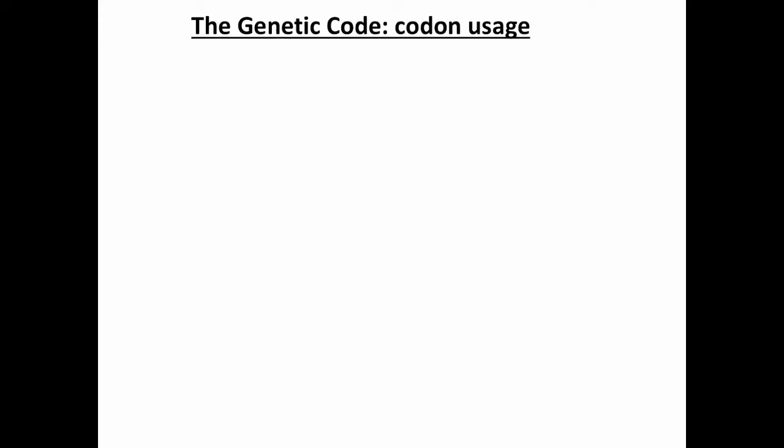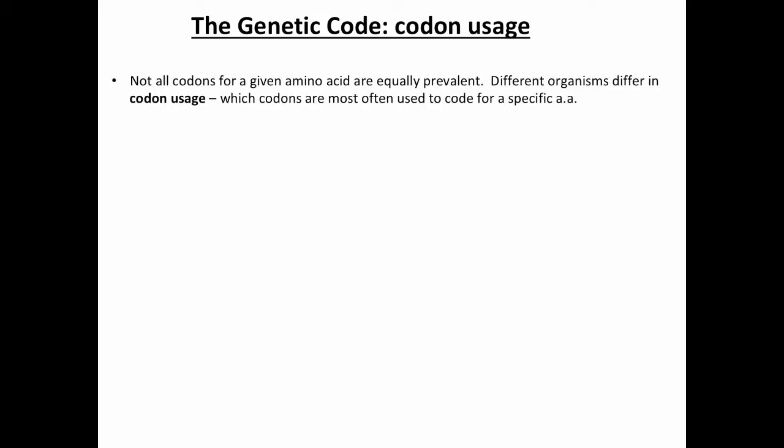Okay, now even though the genetic code is universal, there is what's called codon bias or codon usage. Not all codons for a given amino acid are equally prevalent. Different organisms actually differ in the codon usage.